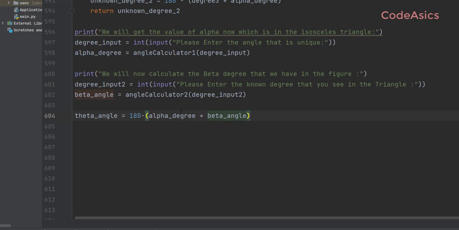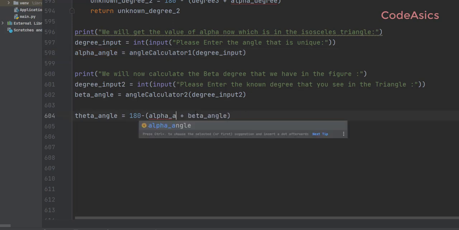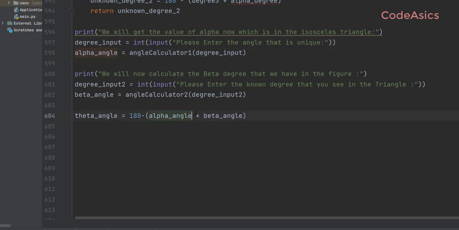In fact, I will just replace it as alpha angle and beta angle. Okay, so this has given us the theta angle.